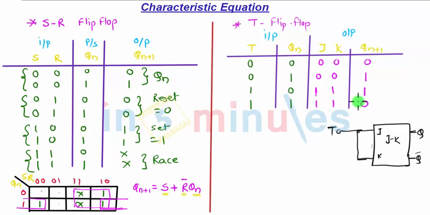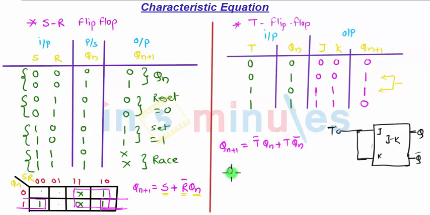So we are talking about the characteristic equation of the T flip-flop. The characteristic equation for the T flip-flop is nothing but the output Qn plus 1 for these two input combinations. So we'll write down the equation for this. Q of n plus 1 is equal to, in the first case where the inputs are T and Qn, T bar Qn, plus the second case, T Qn bar.